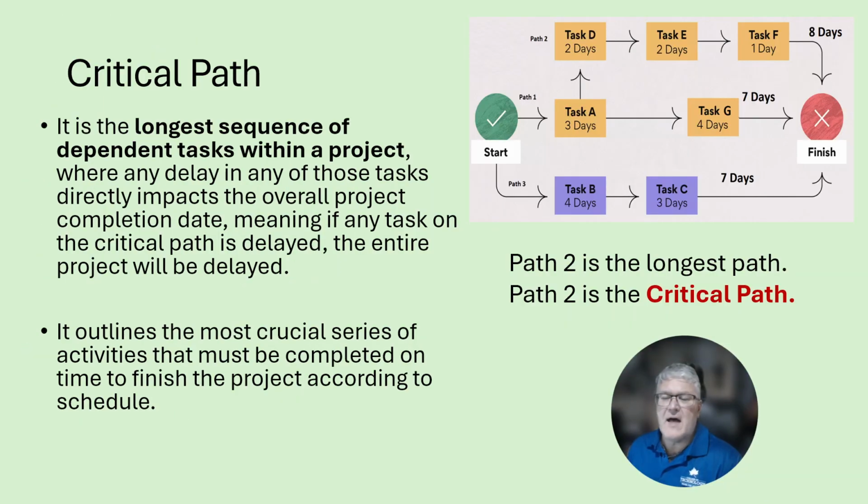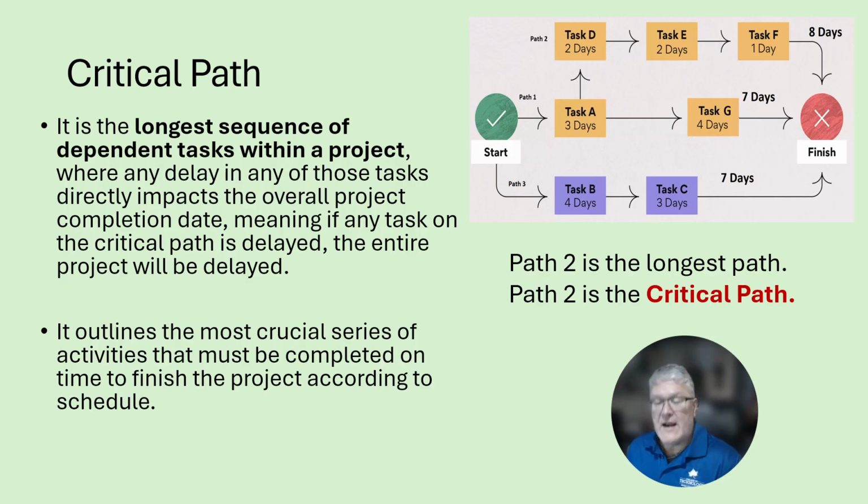What is critical path? Critical path is the longest sequence of dependent tasks within a project, where any delay in any of those tasks directly impacts the overall project completion date, meaning if any task on the critical path is delayed, the entire project will be delayed.